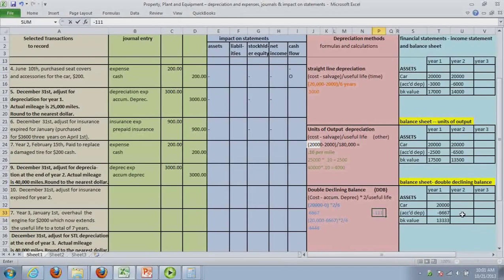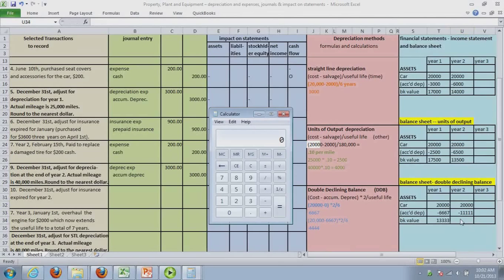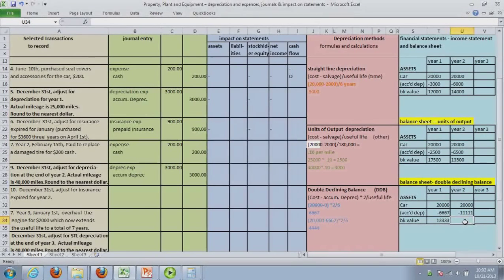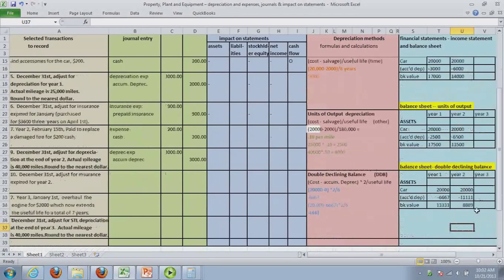Minus 11,111. Sorry, I clicked on it, but it didn't want to go. Okay, so we can see how very different the methods are in terms of what they give us. 8,889. So compared to straight line, our book value is much lower. 14,000 versus 8,889 is a big difference. And again, the units of output is whatever it comes out to be.